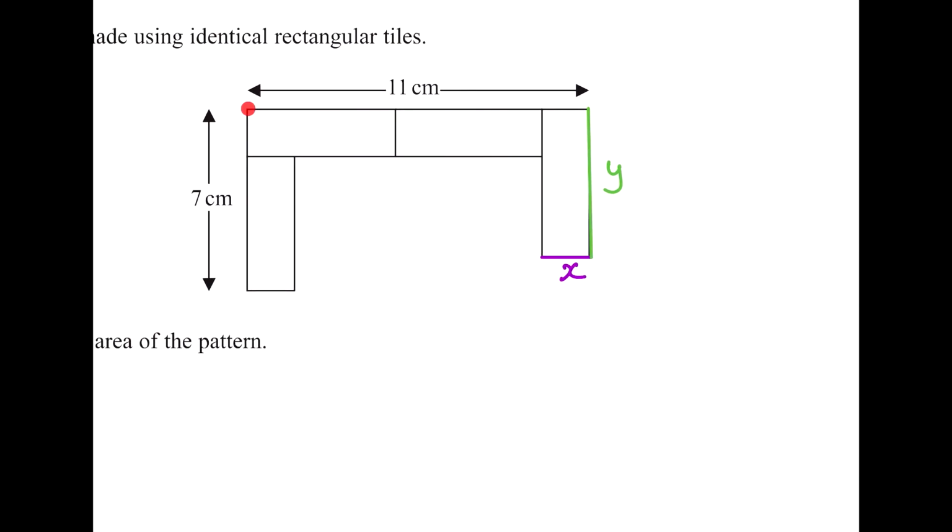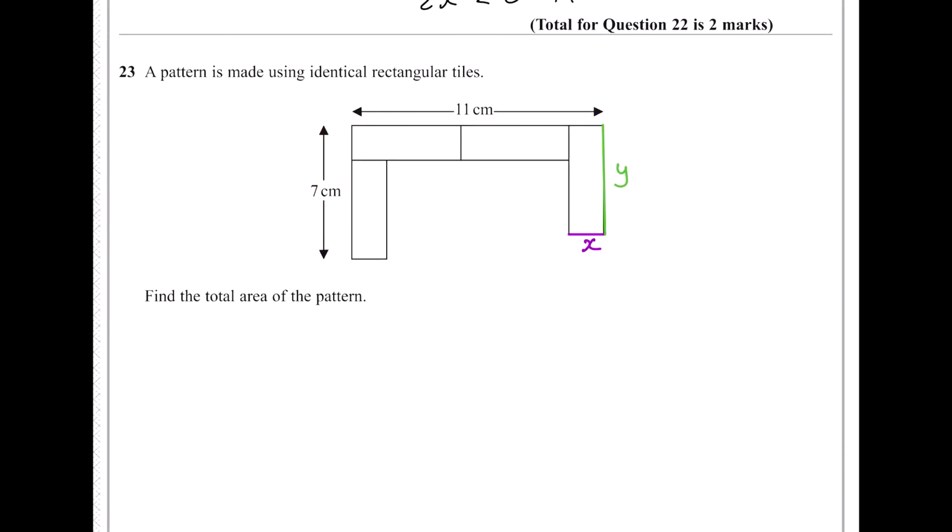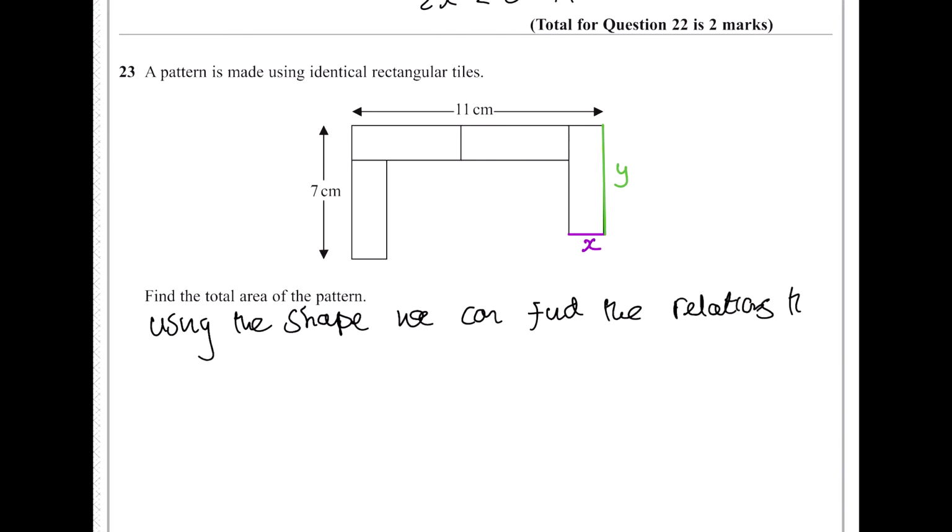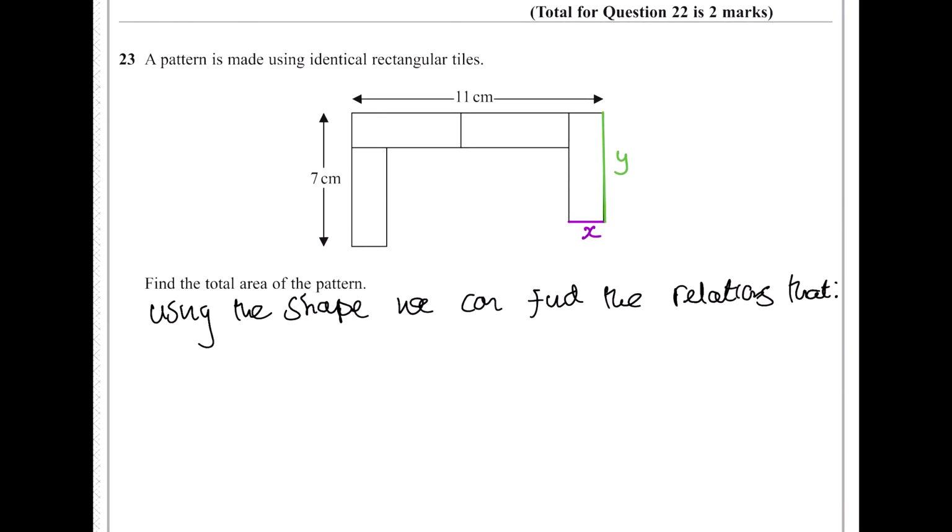So because we know that all of them are the same, that means this relation tells us that we have the y plus the little x, and that gives us 7. So using the shape, we can find the relations that 7 is equal to the y plus the x.